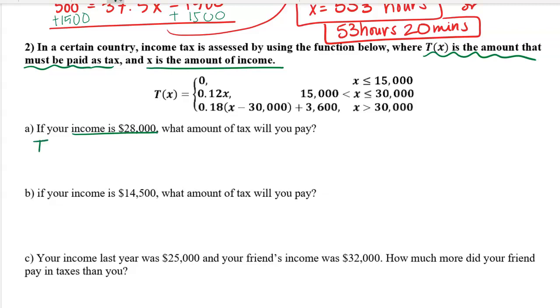Here we go. Tax amount of $28,000 is, we're going to use piece number 2. So 0.12 times $28,000. Please punch in your calculator, write down your number. Confirm that with your friends.